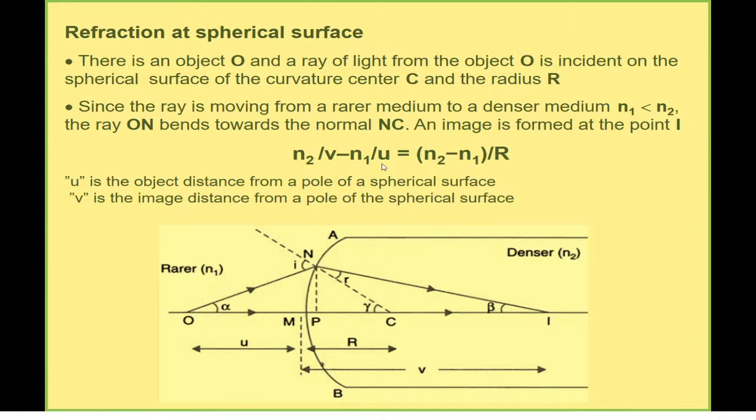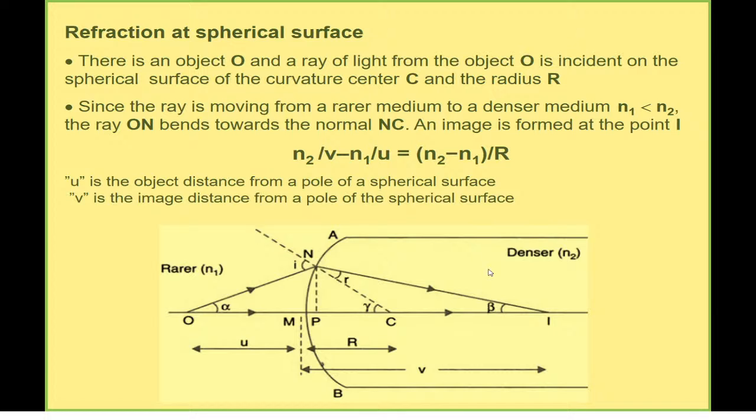It is this equation showing that if you place the object at the distance u from this curved surface of the transparent medium, you obtain the image of this object at the distance v after light crosses this denser medium.